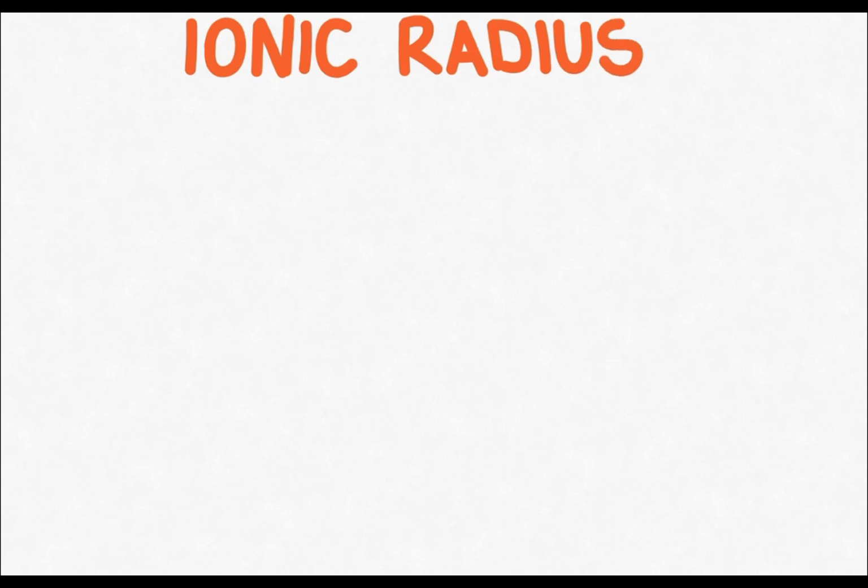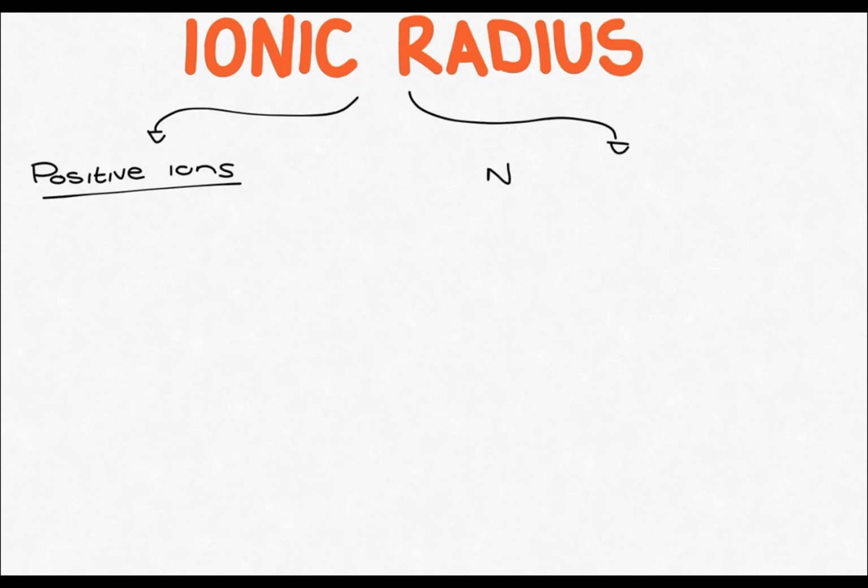So let's look at how the atomic radius will look for ionic atoms. Now this is called the ionic radius, and it's measured in the same way as the atomic radius. So they also bond two ions together and then measure the distance between the two nuclei and divide it by 2. Now we know that we have positive ions and negative ions.